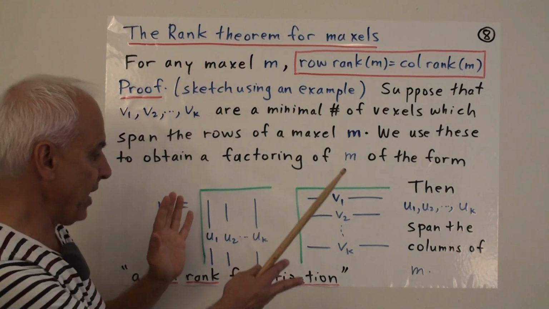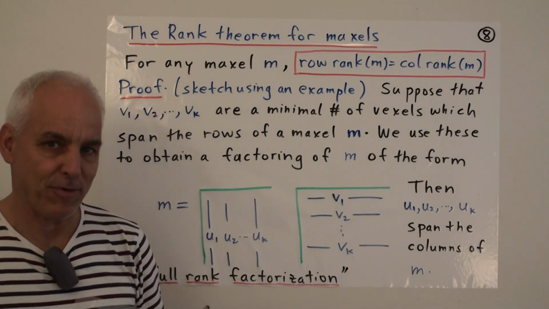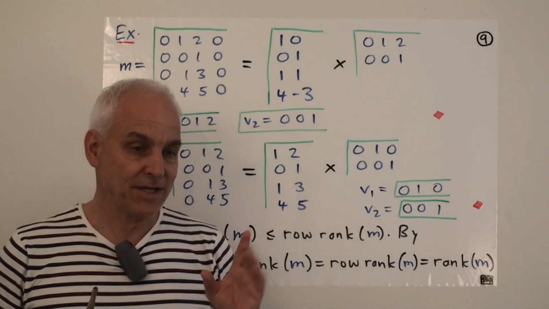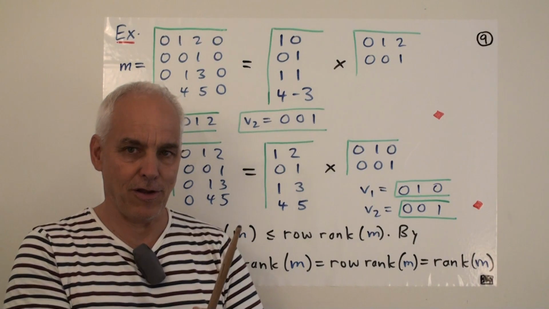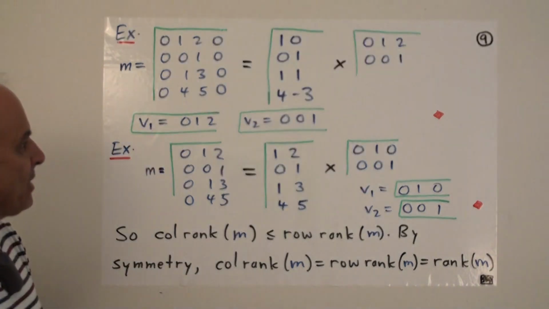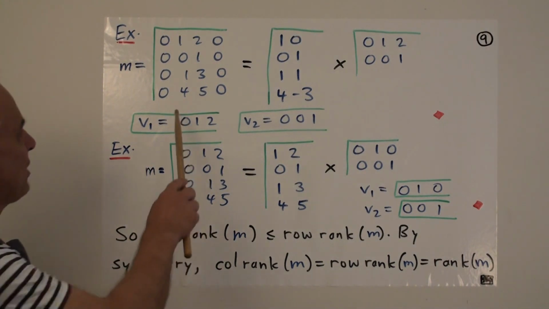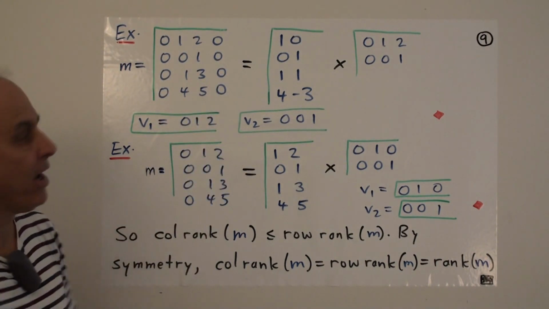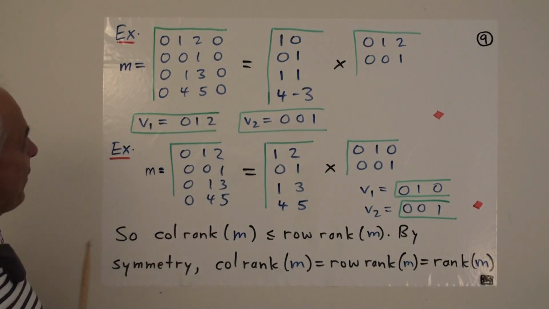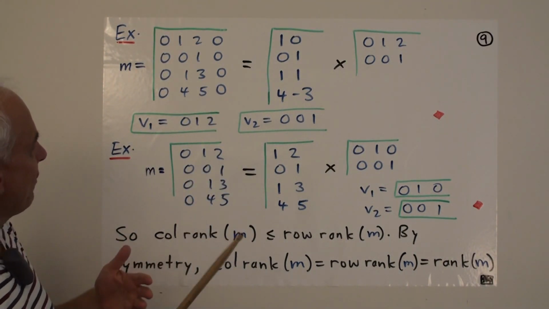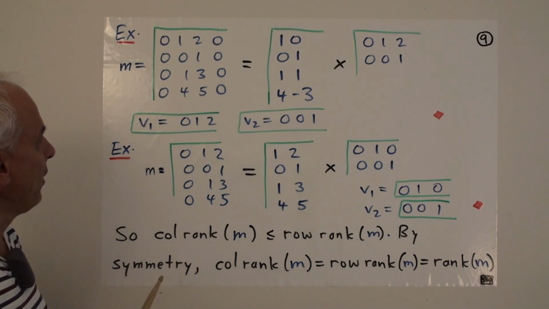Okay, so I want to illustrate this and why it's true with an example. This argument really does rely on our understanding of the geometry of maxil multiplication. So let's have a look at this very illustrative example here. So here's a maxil m. Okay, and if we look at its rows, we're asking, well, what's the minimal number of vexels required to span those rows?